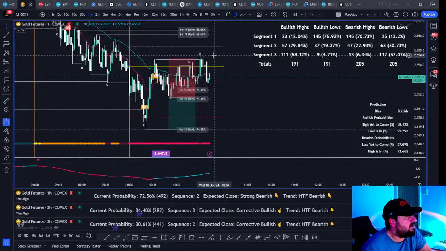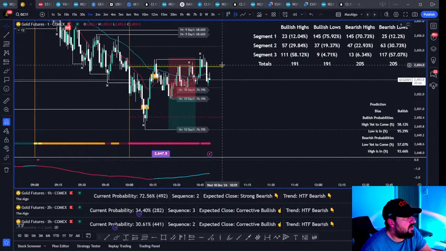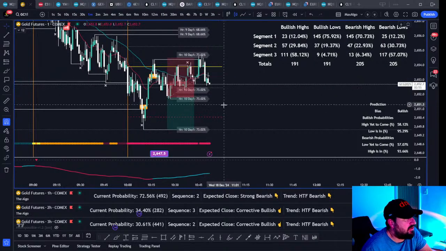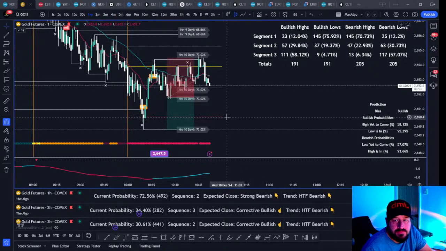Gold still bearish. The algo's still predicting we close bearish, so we just got to close below the open. That close below the open, it's like an 82% probability now that gold closed bearish this hour.